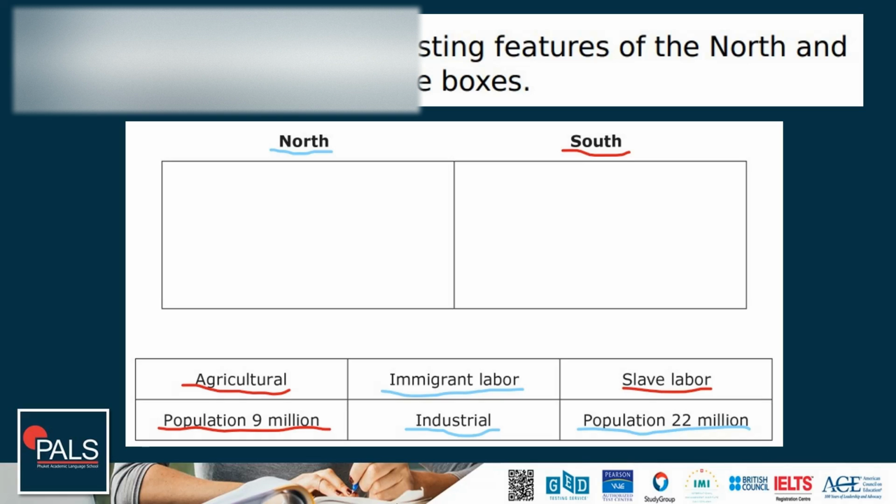Because of immigration being so frequent and heavy to the North, they also had a higher population. So the population was 22 million. The South maintained its agricultural cash crop economy. The population was about 9 million, which was more than the past, but was not growing as fast as the North, and they still relied on slave labor. These two different economies and different sources of labor were a big source of contention and led to the American Civil War.